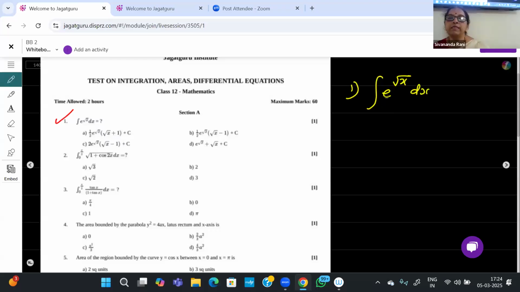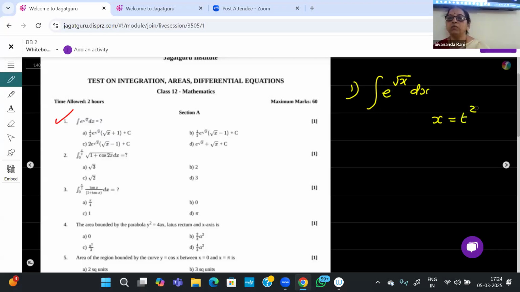But always remember the general rule I'm saying. If e has a very bad power, in the sense it's not linear, anything other than linear is bad for integration. So I need to get rid of that bad power, something that is interfering with integration.